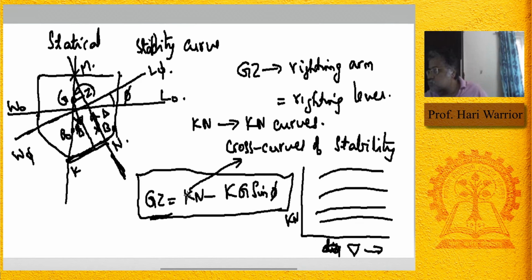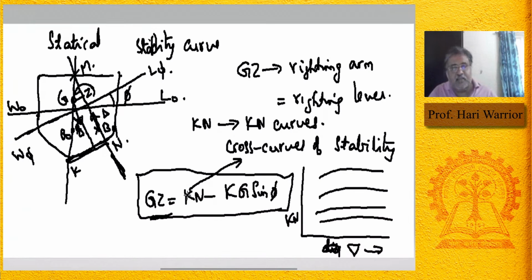Now we need to learn about the statical stability curve. That is the important curve. As we see in this figure, as the ship heels, and the heeling keeps on increasing, the B phi also keeps on moving, and the GZ also keeps on changing.